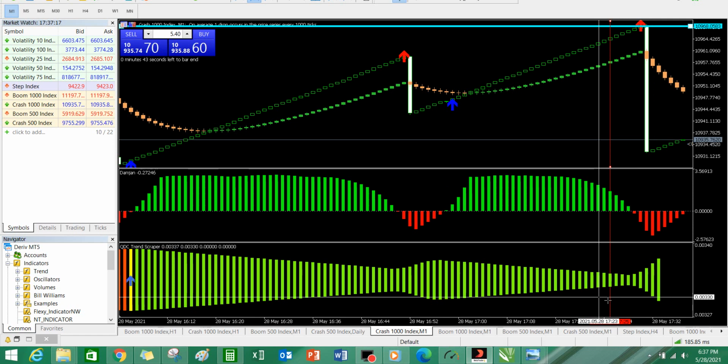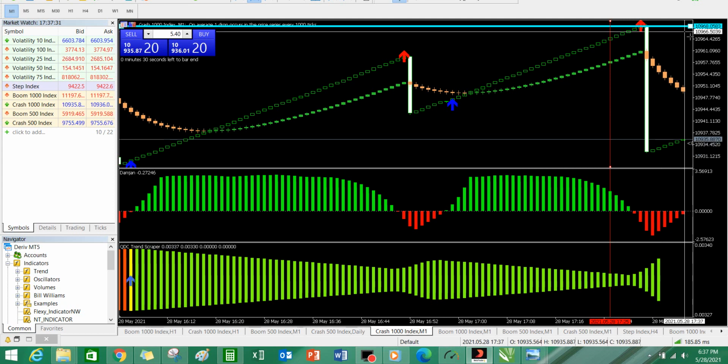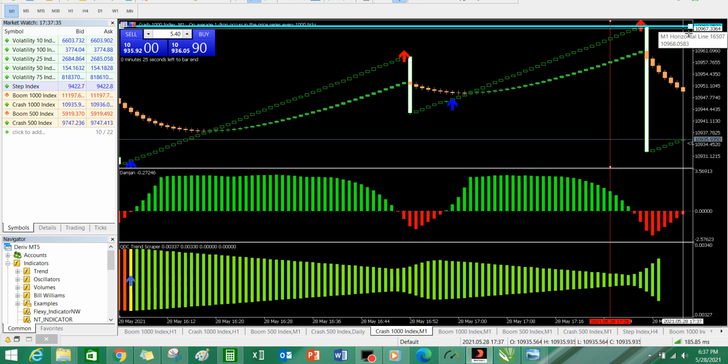So far this is still green, and it is yet to show us that the trend is about to change to a downtrend. Definitely, I can assure you this market will get back to your entry point and put you in profit. I can say that again and again, because I have practiced this over and over and over, except if the trend is about to end.